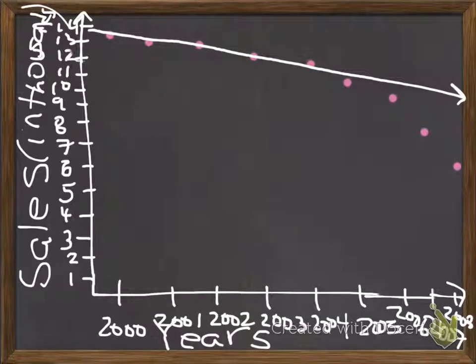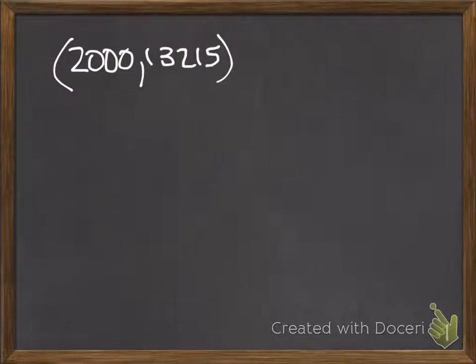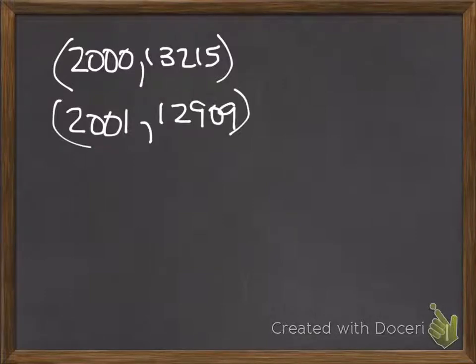And then the next point would be 2001, and I'm using my table here to see the exact value, 2001 and 12,909. So to write our equation, we assume it's going to be slope-intercept form when it says write an equation and it doesn't tell you the form.